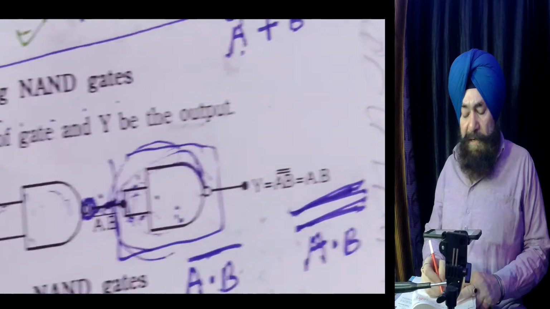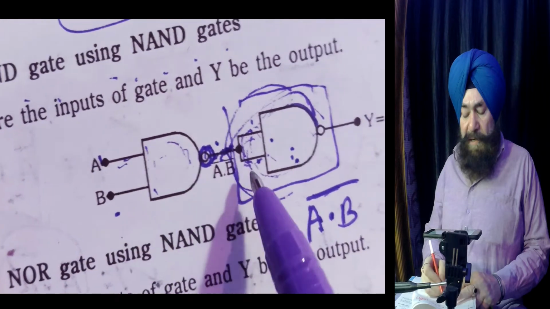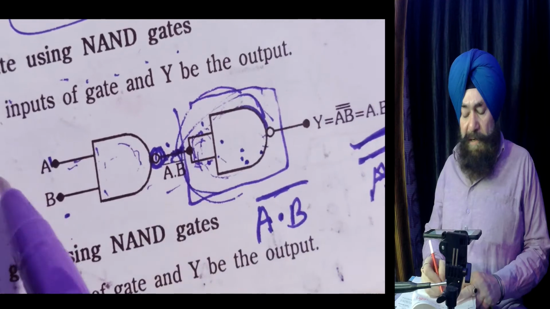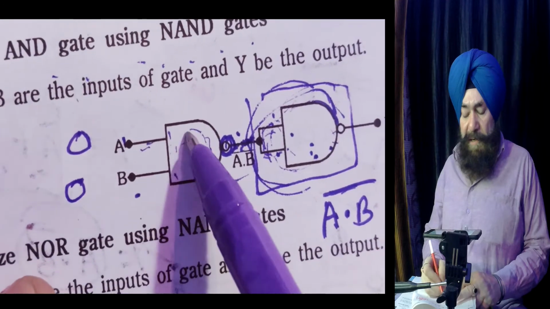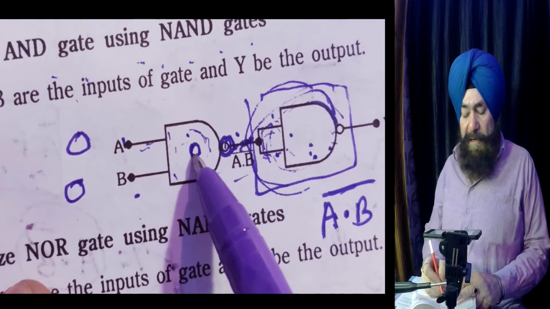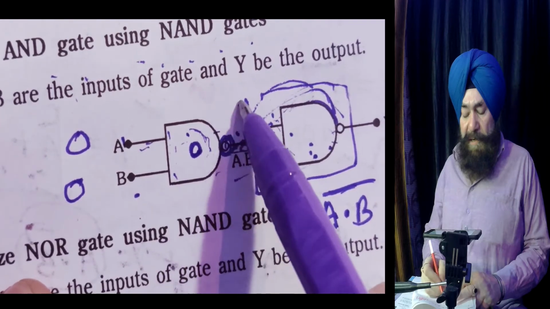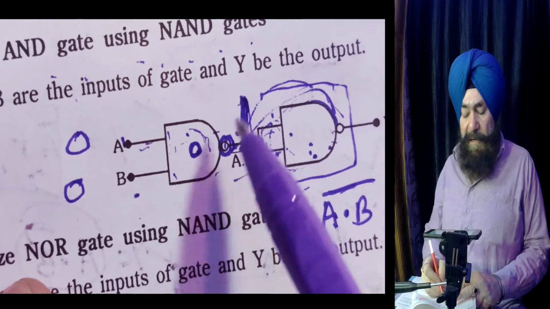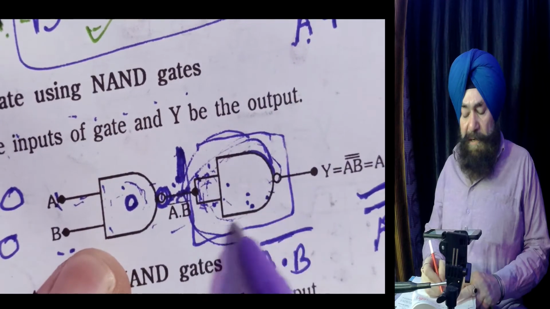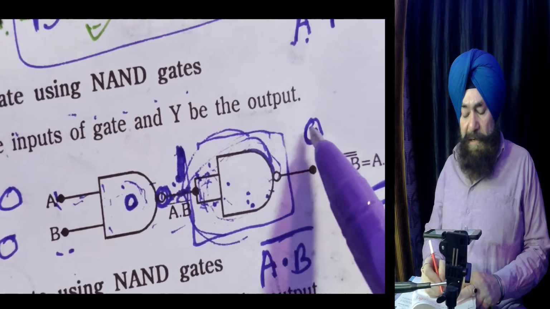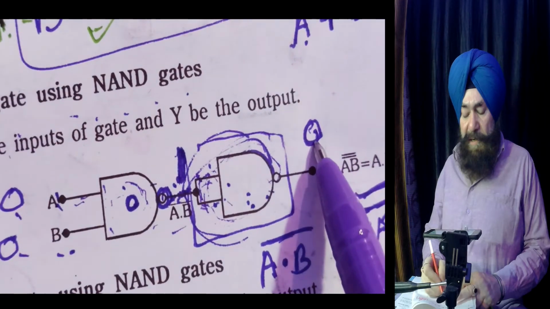That is the AND gate. Of course you can prove the logic also. If 0 is here, this AND means 0. This NAND means 1. 0, 0 goes to 1, and this NOT gate turns it to 0. So 0, 0 is 0.